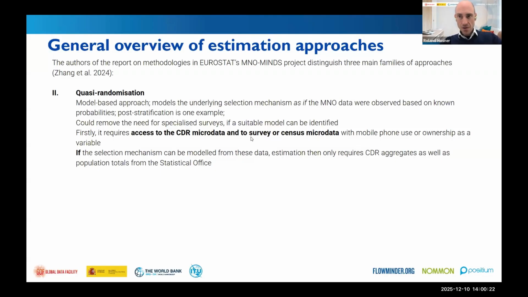Large household surveys, the same, are usually run by statistical offices, and micro access to CDR data is often either kept at the MNO, or for those researchers and analysts that have access to such data, they are kept under strict confidentiality and data protection measures in order not to further share or link the data. So this requires a very specific setup. That's not impossible, but difficult to arrive at.